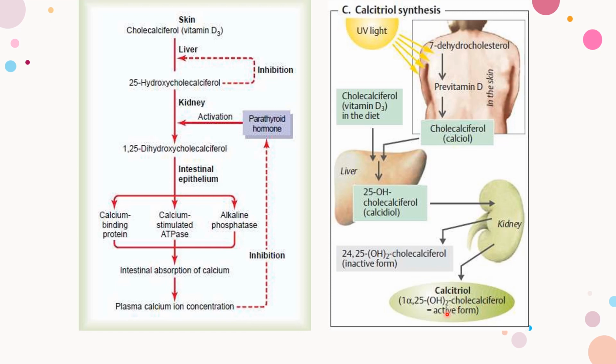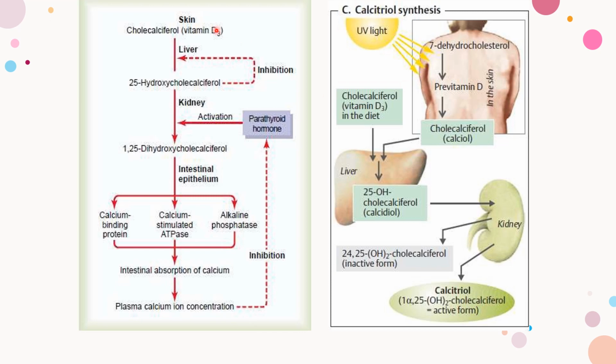So this is calciol, calcidiol, and this is calcitriol. It is converted to the active form calcitriol by further hydroxylation at position 1, leading to 1,25-dihydroxycholecalciferol, which is the active form of vitamin D. So this is the synthesis of calcitriol from the skin and also diet.